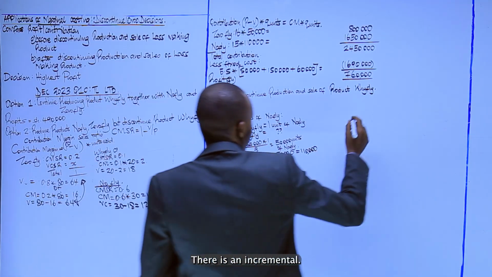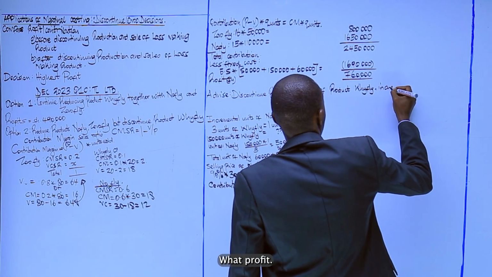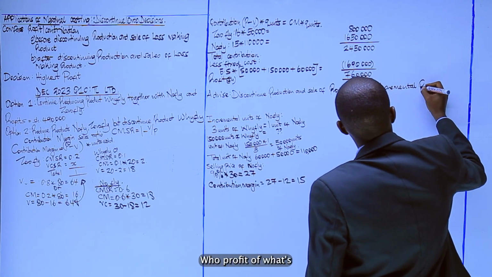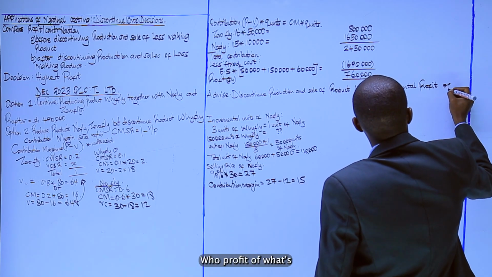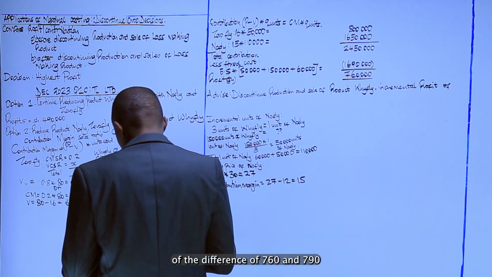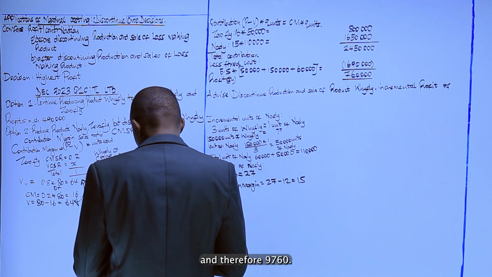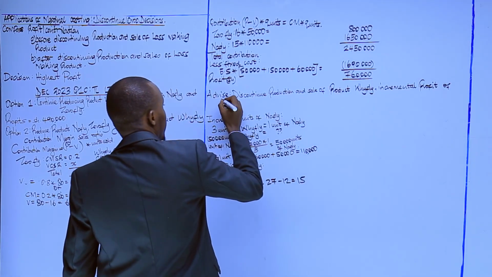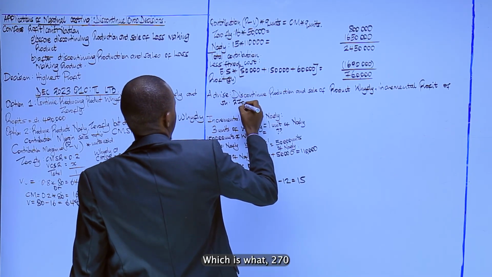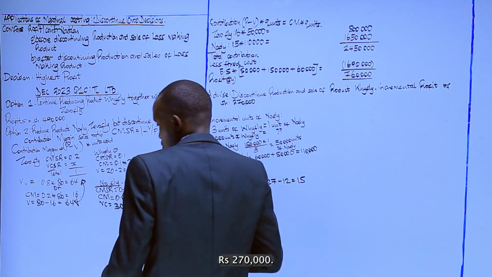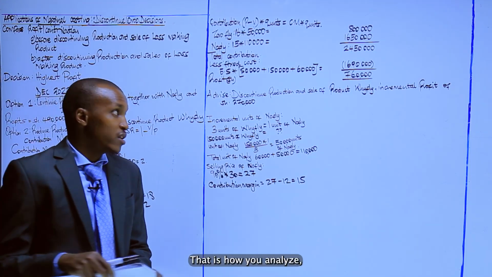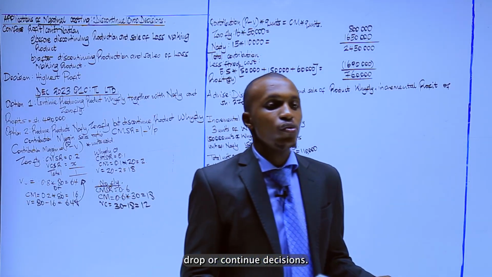Why? There is an incremental profit of the difference between 760 and 490, which is 270,000.